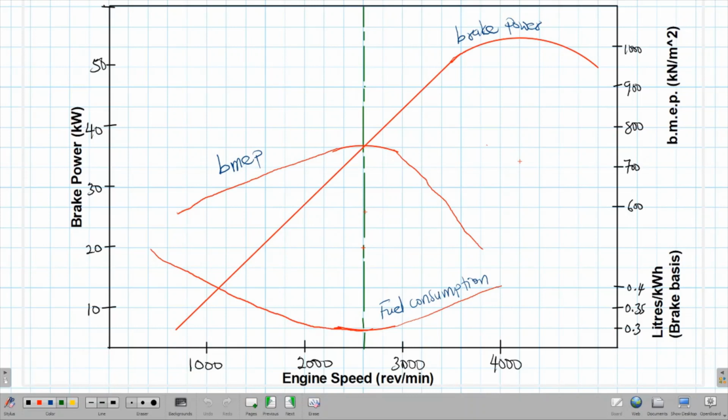It will be observed that a minimum brake specific fuel consumption occurs at a speed of about 2600 rpm.